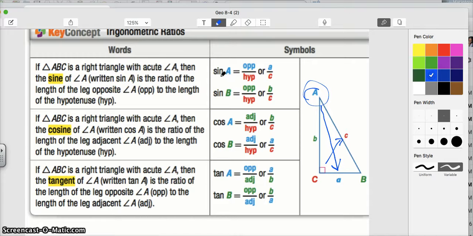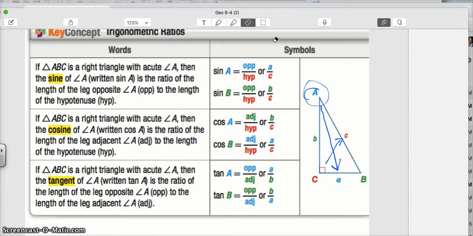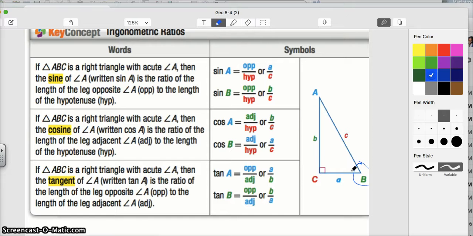So the sine of angle A is opposite over hypotenuse, or A over C. If I change my perspective and go to angle B, then the opposite changes to B and the hypotenuse stays C. So B over C is the ratio I will be talking about. It's not enough to say you're talking about some right triangle. You need to know exactly what angle you're talking about in order to determine the sine, cosine, and tangent.